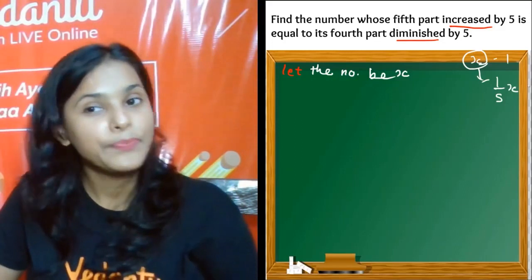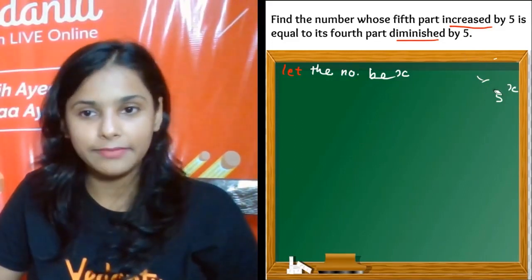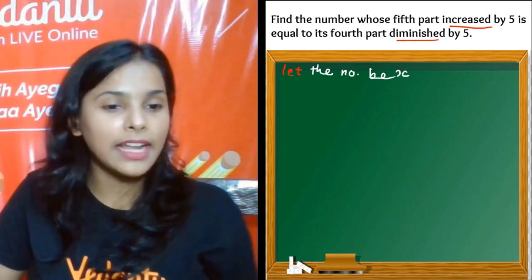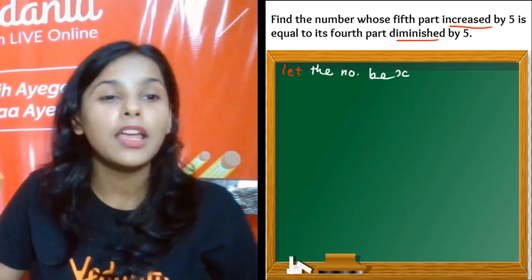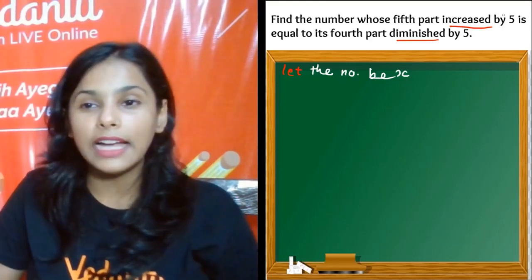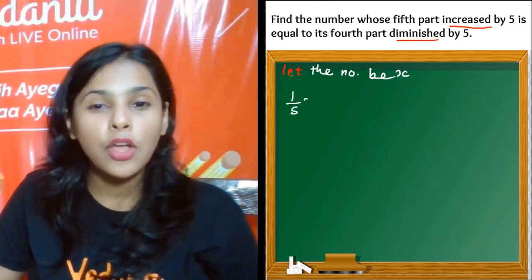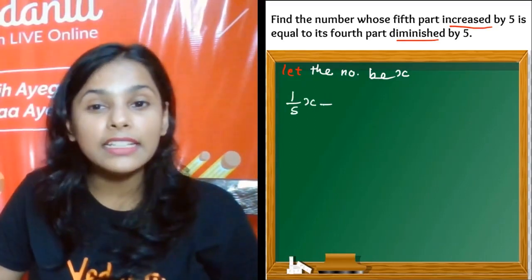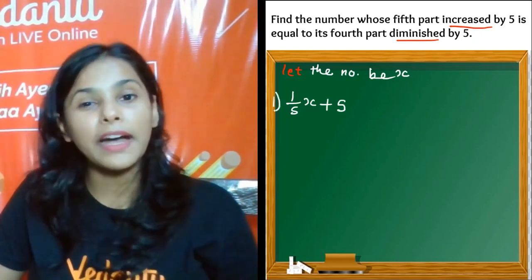Clear to everyone? Okay. Now let me erase this. So we have taken that number x and the fifth part is increased by 5. Now the 1/5 part of x is increased by 5. Clear? First part done.